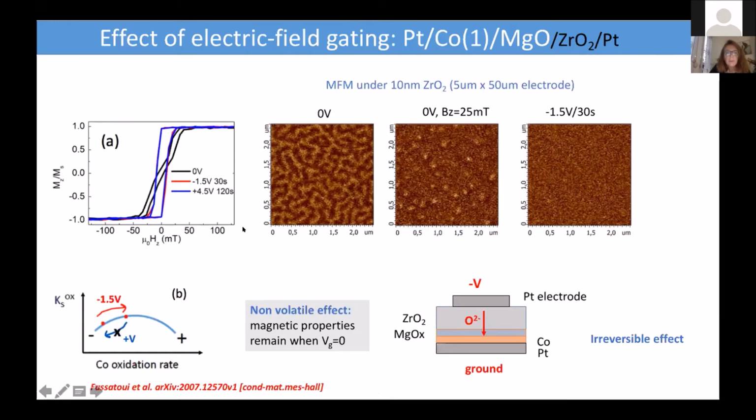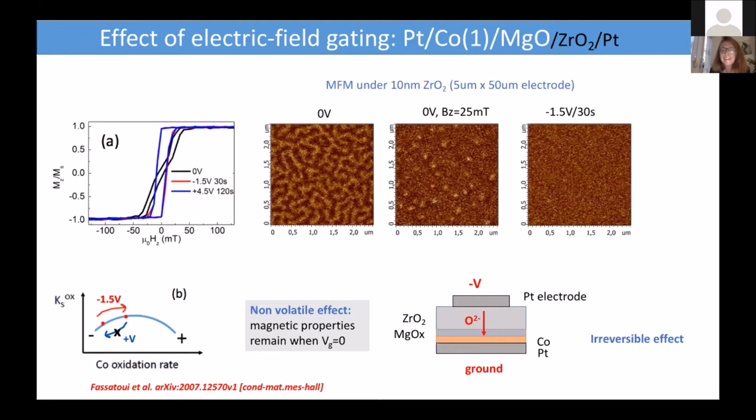The MFM images that you can see here show that in the initial state, there are stripe labyrinthine domains with a periodicity of about 200 nanometers. These can be transformed into magnetic skyrmions with the application of a weak out-of-plane magnetic field. Of course, if you apply the negative voltage to increase the anisotropy, the skyrmions disappear.